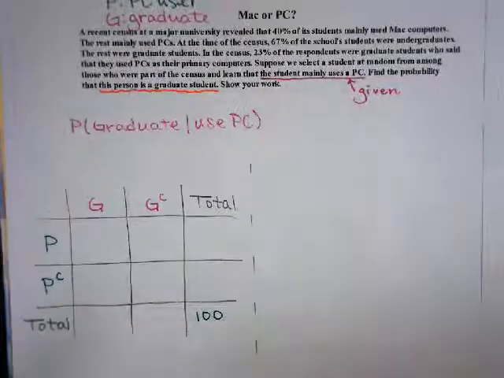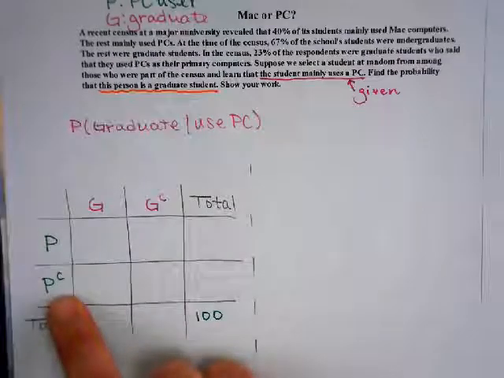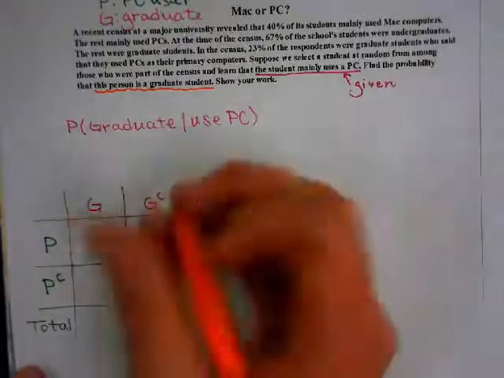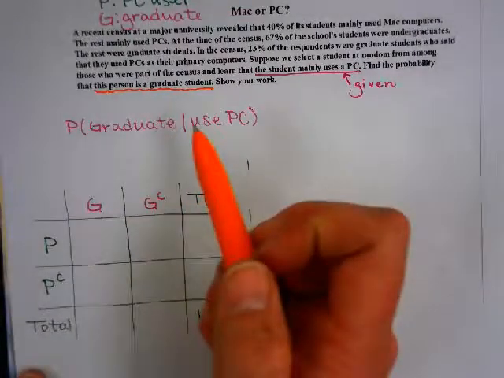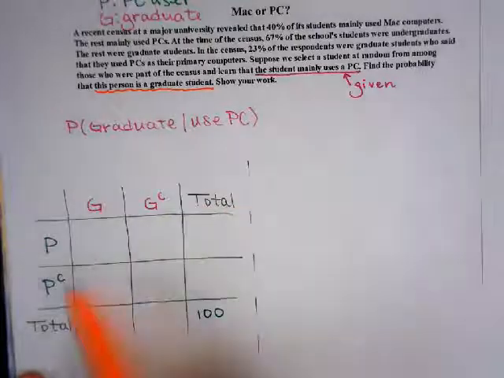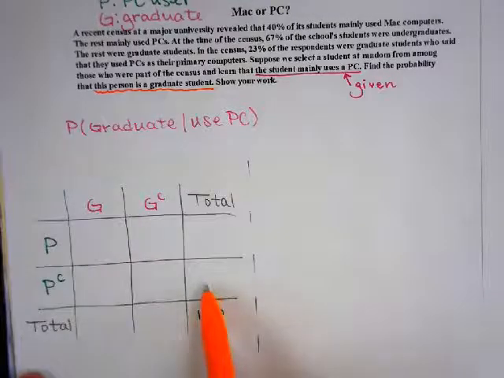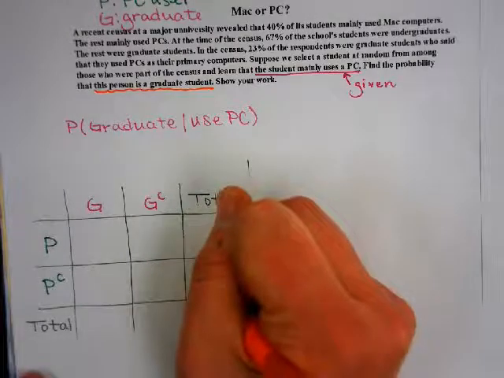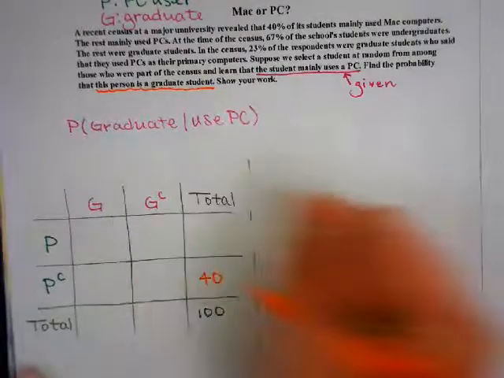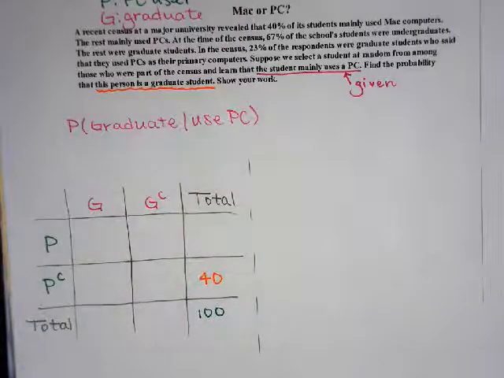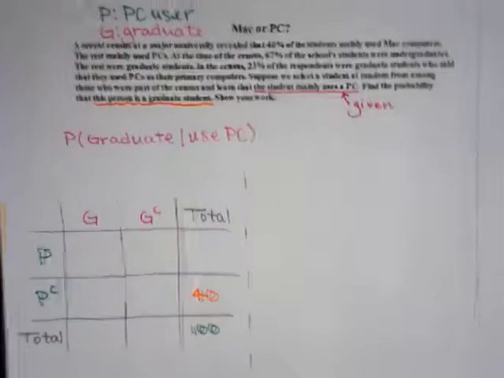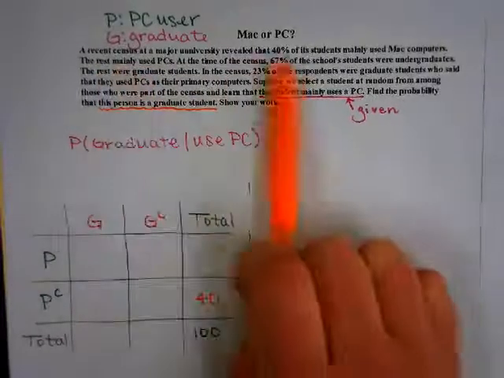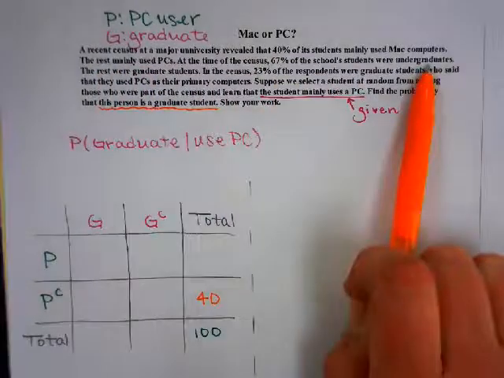So we would have 40% of students use a Mac, so they don't use a PC, P complement. It then tells us that 67% of the students were undergraduates. So G is graduate students. G complement could be not a graduate student, or an undergraduate.